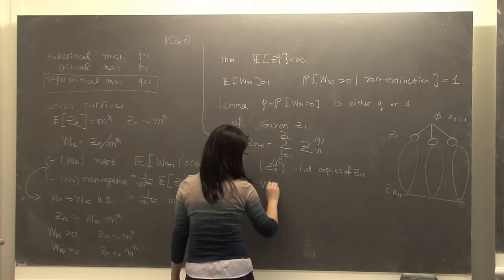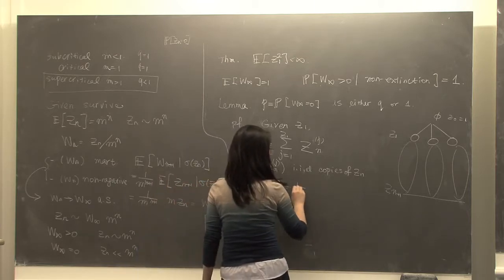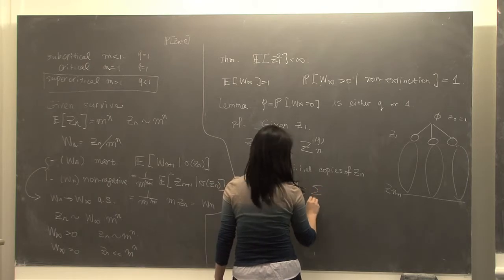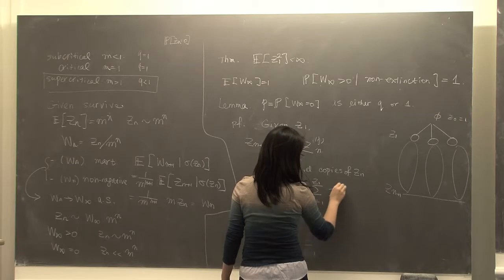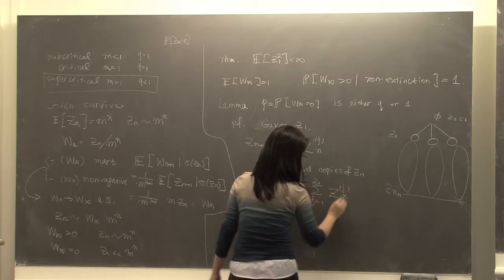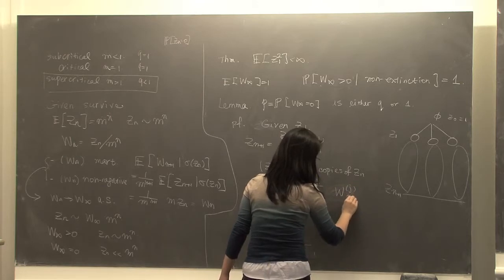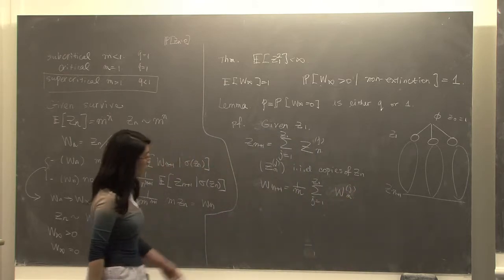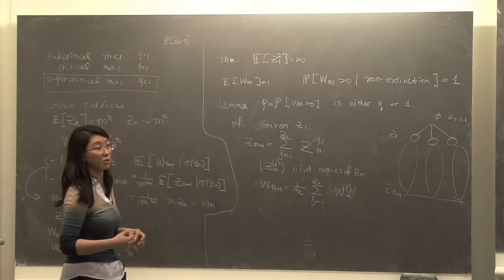So what we have is W_{n+1} equals 1 over m times the sum of W_j^n. And in the right-hand side, the W_j's are just IID copies of W_n.